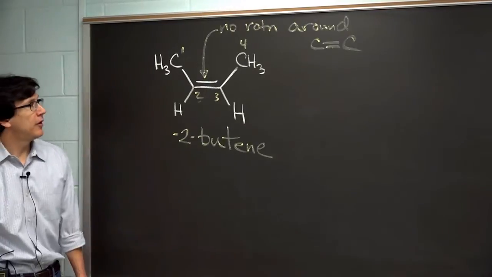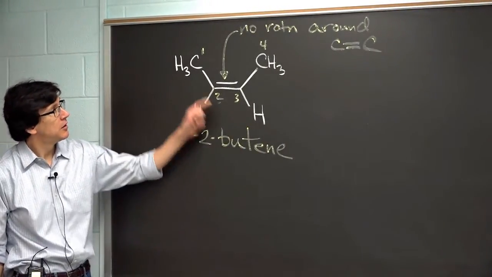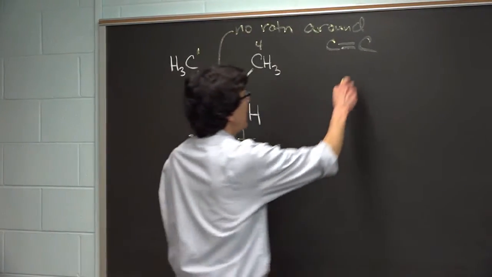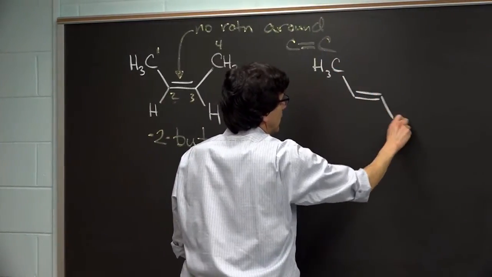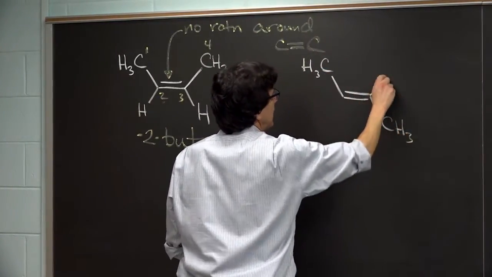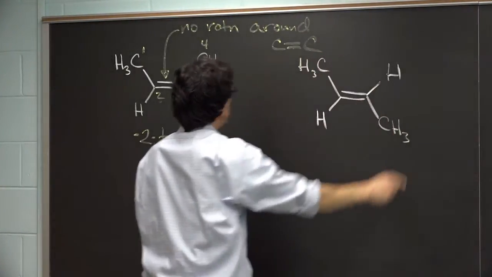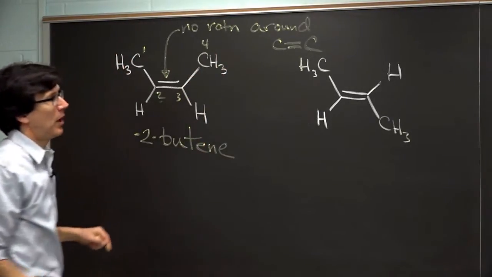So there are actually 2 stereoisomers of 2-butene. One that looks like this, and then the other one would look like this, in which the 2 methyl groups are in this relationship rather than being on the same side of the double bond.